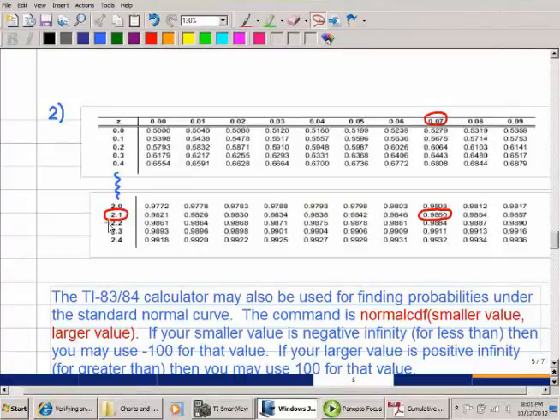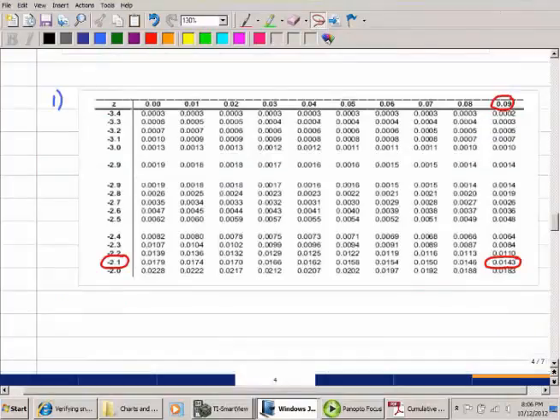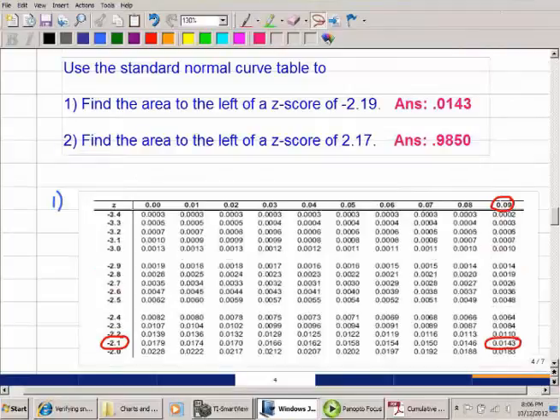So we have the 2.1 row and the 0.07 column. You put those together, that makes 2.17, and I have circled right here 9850. So that means the area left of 2.17, here's the answer, 0.9850.